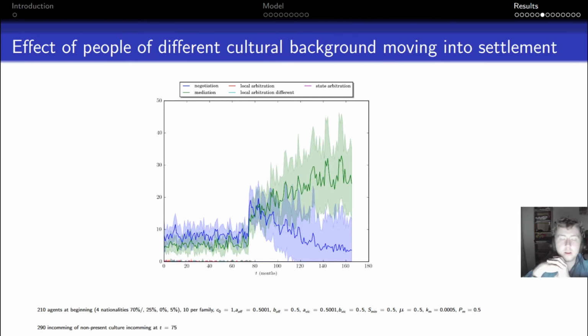Then what we were interested in as well was what happens when we move a new culture to the settlement. So basically, again, we moved it at t equals 75. It was a jump. We introduced 290 new people to the settlement, and again, it just changed the evolution of the system. Here the negotiation rose, then it goes back down, and the need for mediation is again higher in this case.